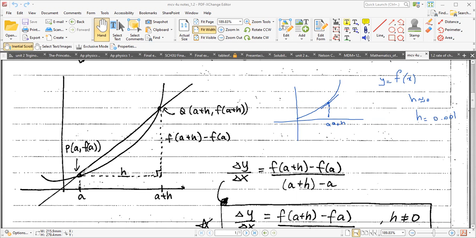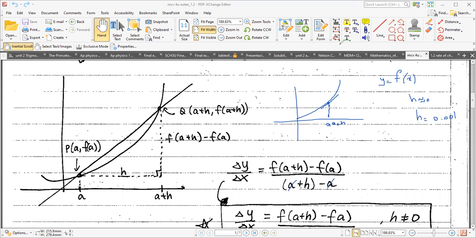Okay, now these 2 points are very close. I just show it here, but I know we put it at a very large distance. Just imagine this is A plus H. So this point has the x of A and y of f of A. Here, A plus H, the x is A plus H and y is f of A plus H. So y2 minus y1 is f of A plus H minus f of A, as you see here. x2 minus x1 is A plus H minus A. So A and A cancel.